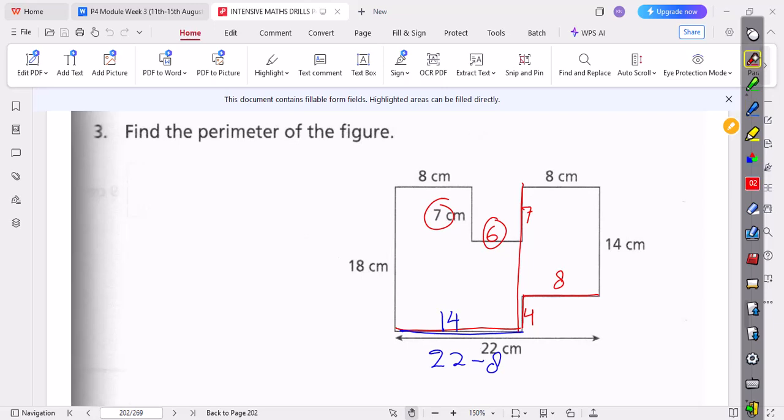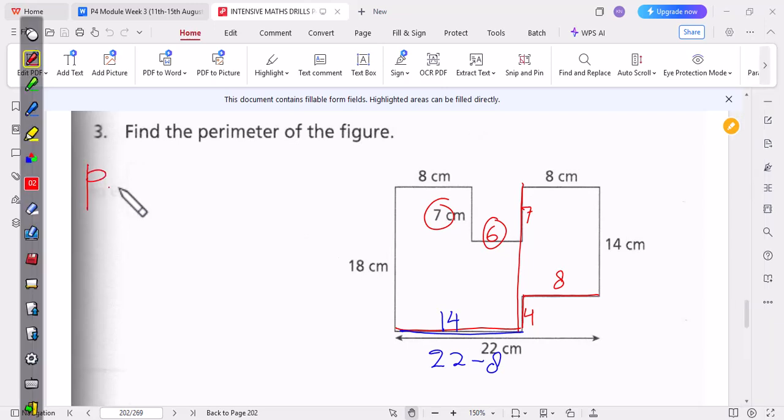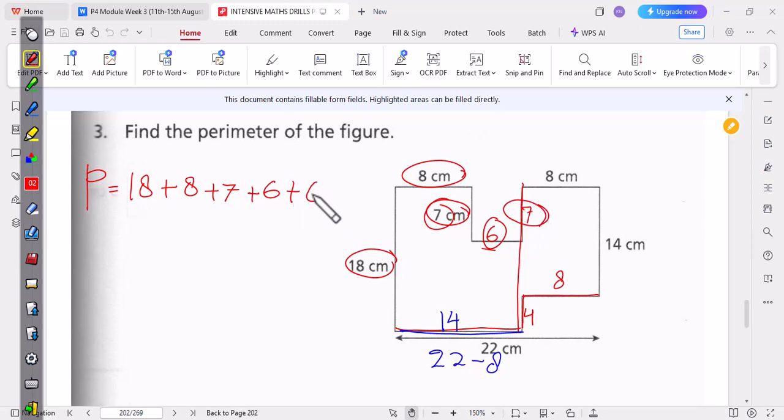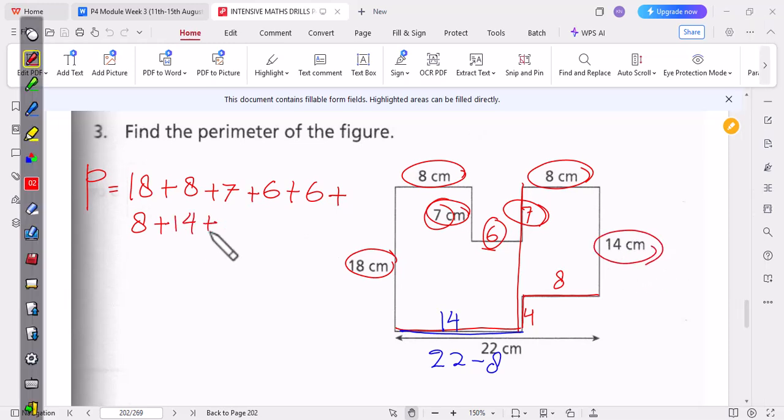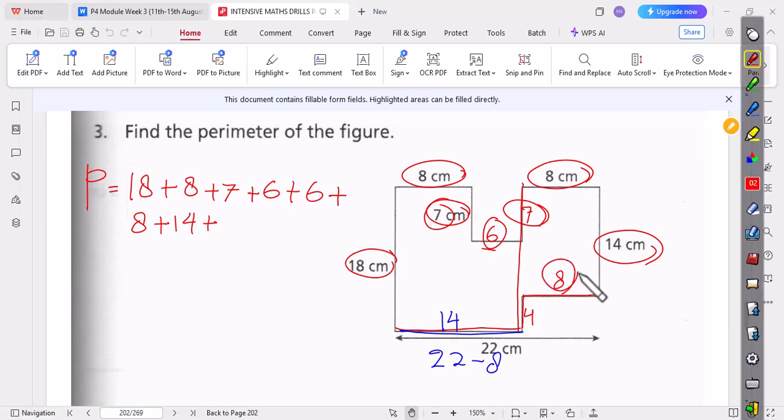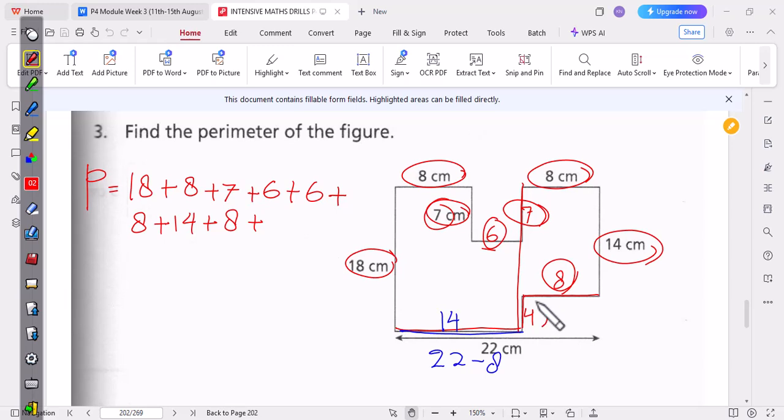Or we can say perimeter equals 18 plus 8 plus 7 plus 6 plus 7 again plus 8 plus 14, then we plus 8 again, plus 4 plus 14.